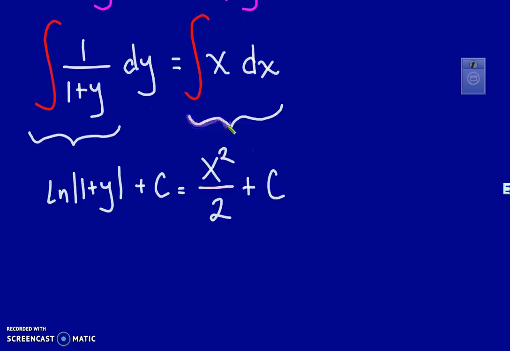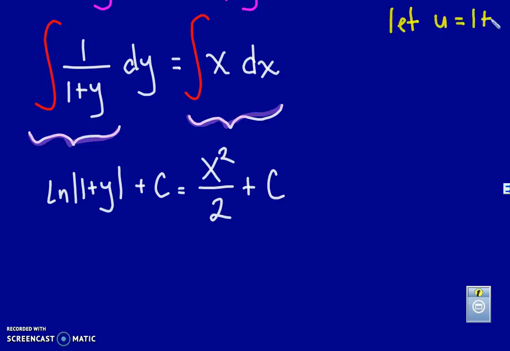So the right side, integrating x with respect to x, might have been a little easy. But integrating 1 over 1 plus y isn't too bad. This is a simple u substitution. If you let u equal 1 plus y, you now have the integral of 1 over u. When you take the derivative of u with respect to y, you just get 1.